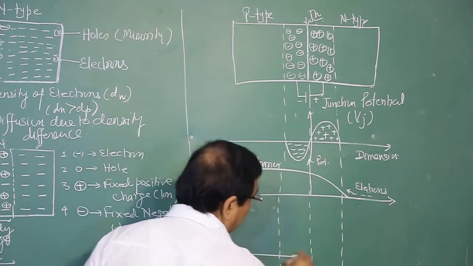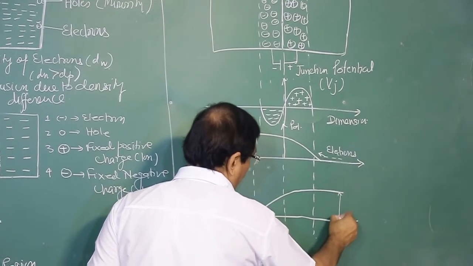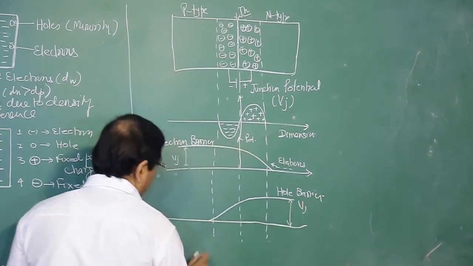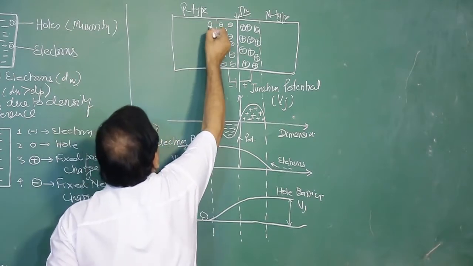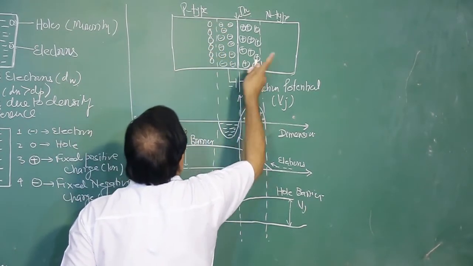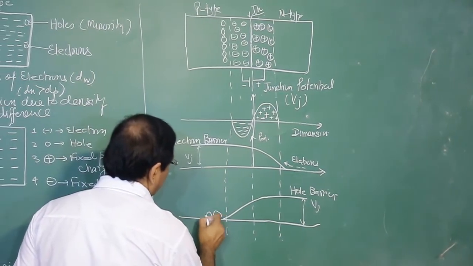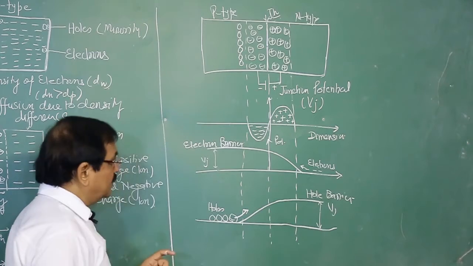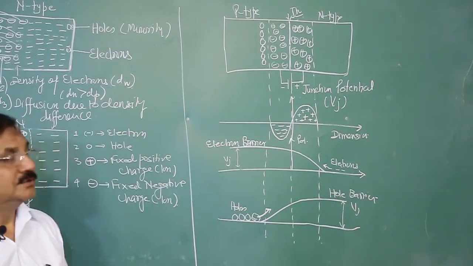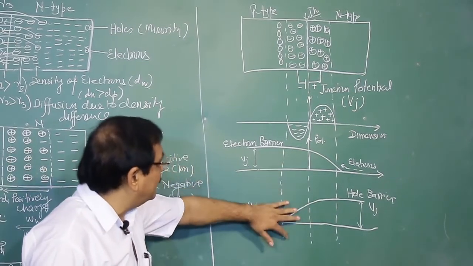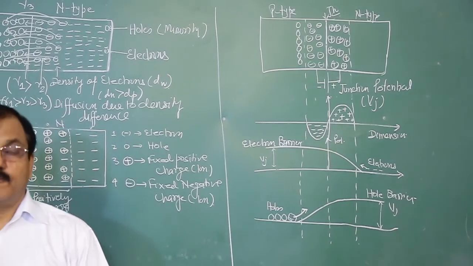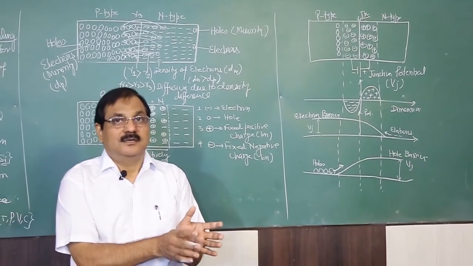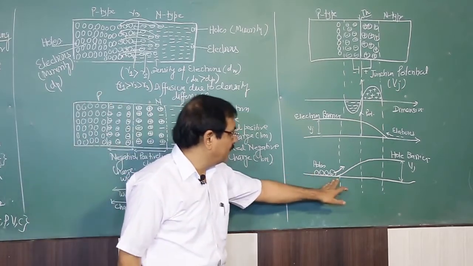Similarly for the holes, this is the hole barrier Vj, because the holes on the P side also try to move to the N side, and again they form a barrier. So, these potential barriers restrict the motion of charge carriers, electrons from N side to P side and holes from P side to N side.